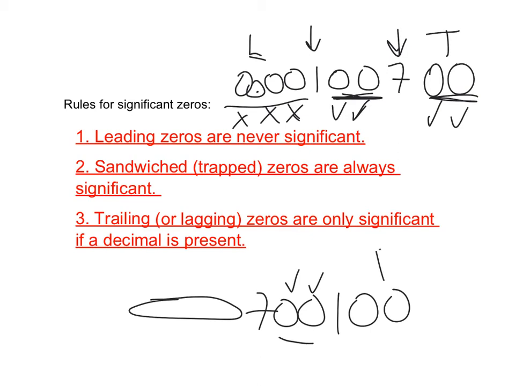These last 2 are my trailing zeros. They only count if I have a decimal written. Well, as I've written this, there's no decimal in that number. So therefore here, they would not count. That's why it's the most confusing rule, because sometimes they count and sometimes they don't. You just have to be careful.